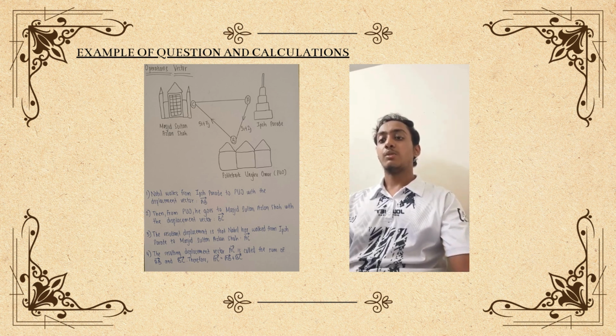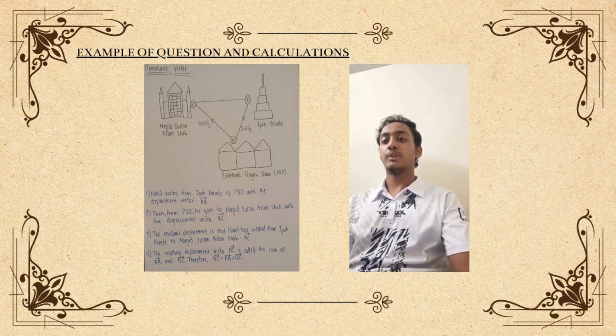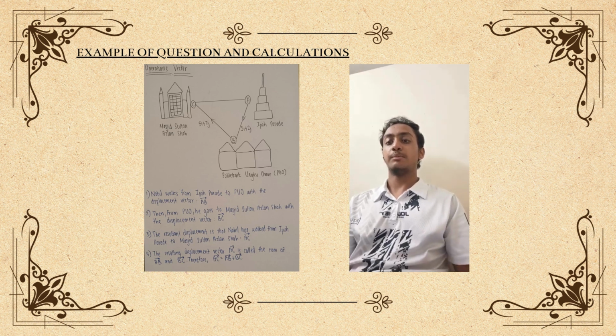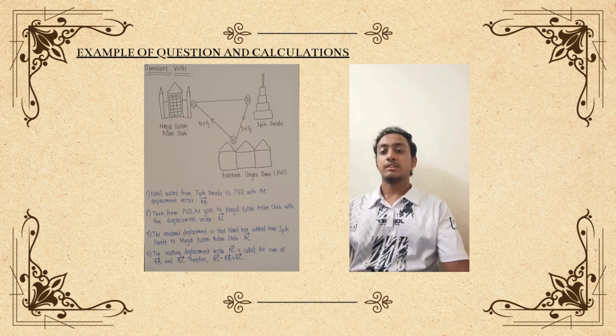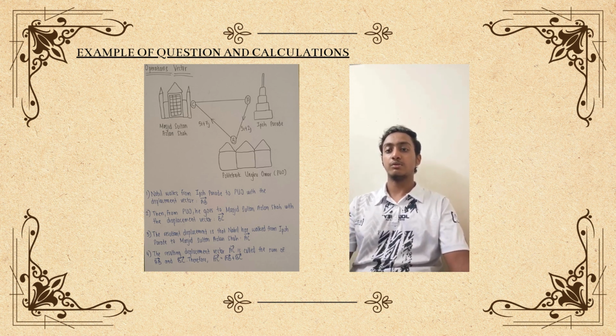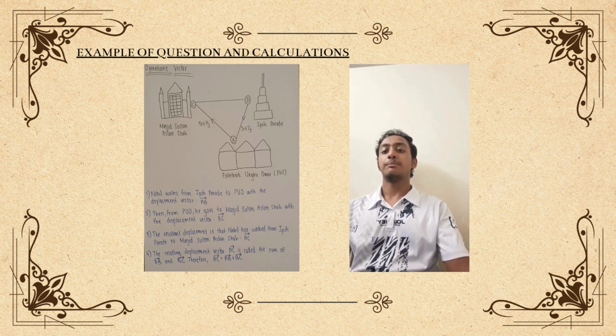First of all, Nabil walks from Ipoh Parade to PUO with the displacement vector of A to B. Second, from PUO, he goes to Masjid Sultan Azlan Shah with the displacement vector B to C. The resultant displacement is that Nabil has walked from Ipoh Parade to Masjid Sultan Azlan Shah, A to C. The resulting displacement vector A to C is called the sum of A to B and B to C. Therefore, A to C is equal to A to B plus B to C.